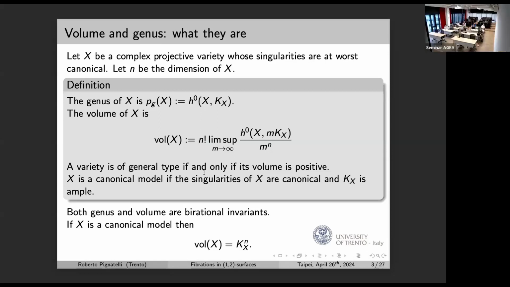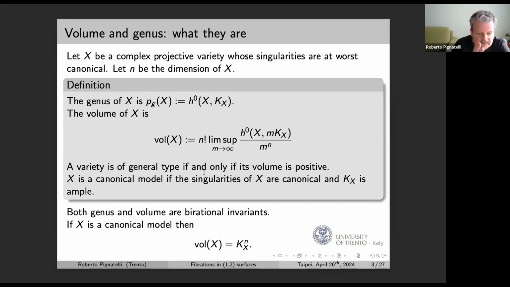Now we know that for every variety of general type, there is a unique canonical model, which is the Proj of the canonical ring. And these have canonical singularities at worst and ample canonical divisor, which is the assumption, the objects I'm mostly interested in, although I'm going to allow something more here.